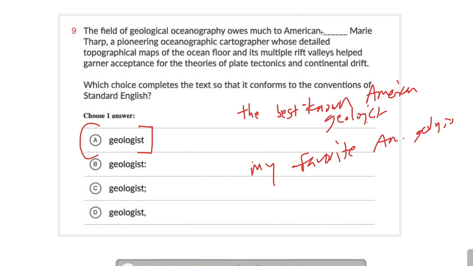And when you have something like that, painter Pablo Picasso, writer Mark Twain, author Mark Twain, etc., there's no place for a comma there. It's only when you're going to list something, state something specific like the best known American geologist, Marie Tharp, or my favorite American geologist, Marie Tharp. Don't know who Marie Tharp is, but just hypothetically, those would require a pair of commas, but we don't have that here, so we just go with A.